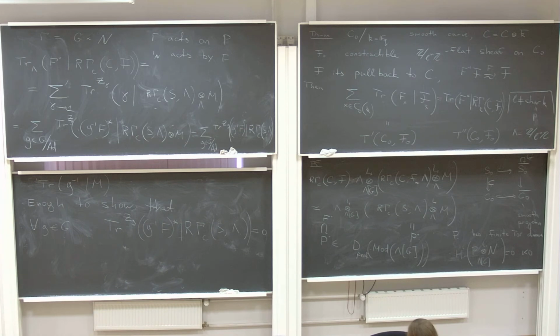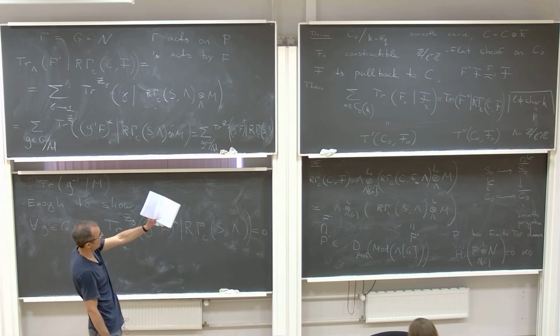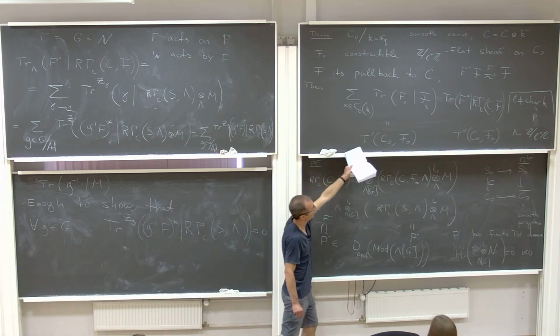That's because we assume that C0 has no rational point, so this term is obviously 0.